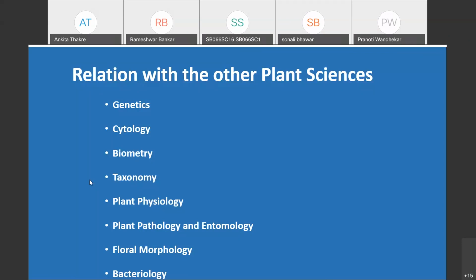Then the next one is bacteriology, the study of the different types of bacteria.